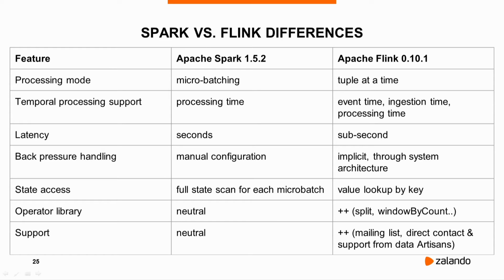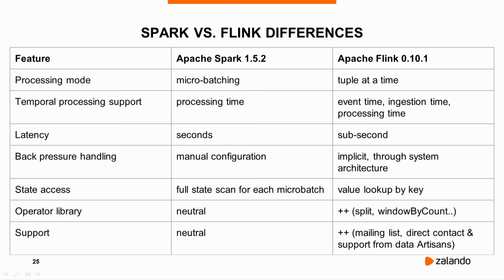The operator library of Flink we found to be superior, for instance, we have split, window, count, and so on. Then there's the support, and we have had a very good experience with the mailing list from Flink, and also we had direct contact with data Artisans.